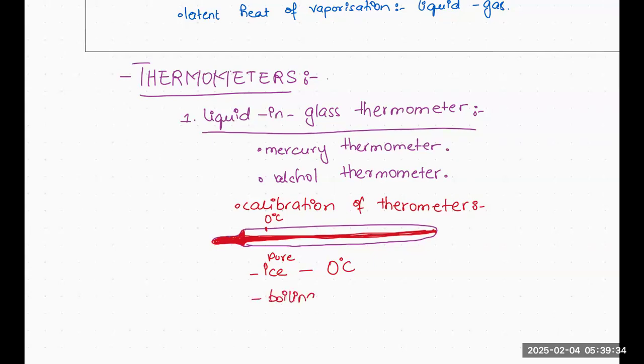Now, the next part is assuming that whatever material you are using, alcohol or mercury, it has a linear expansion.